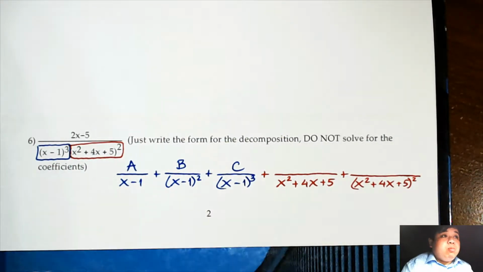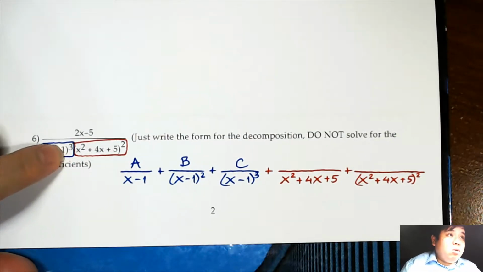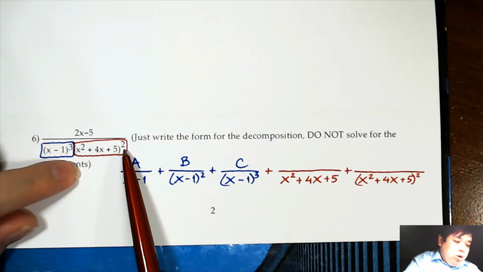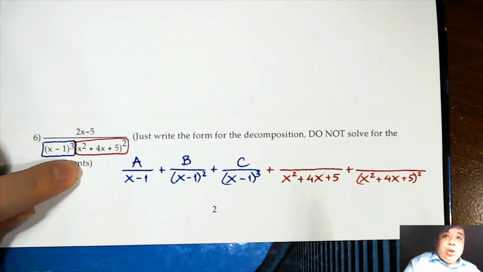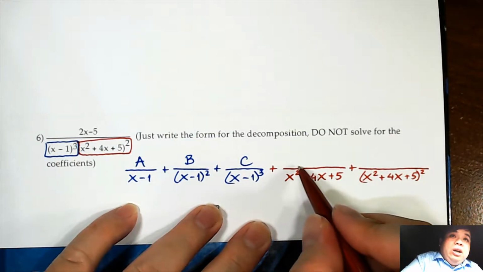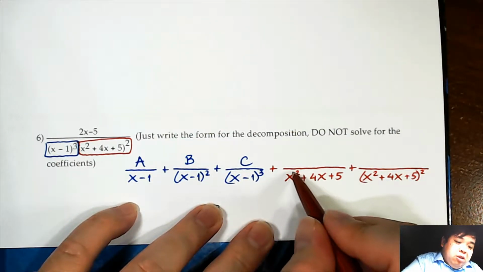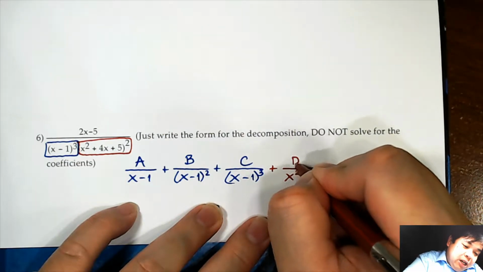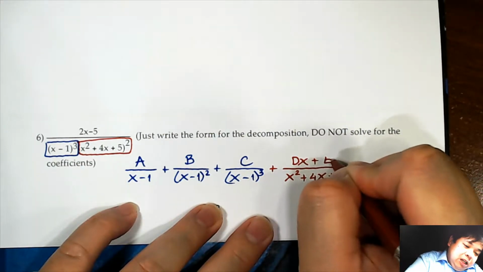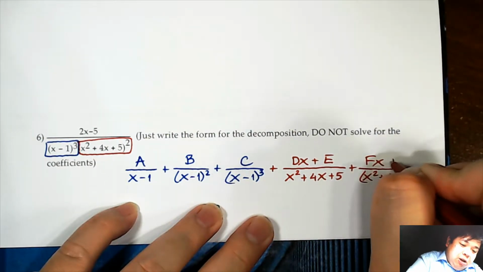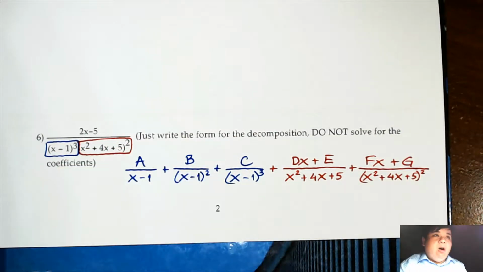So I hope you see the pattern. If it is raised to the 3 power, we need first power, second, and third. If we have 2, we go from 1 and 2. Right. The degree on the top cannot be more than the bottom. The bottom degree is 2, so degree on top is 1. So let's say this will be Dx plus E and Fx plus G. That is just the form of the partial fraction.